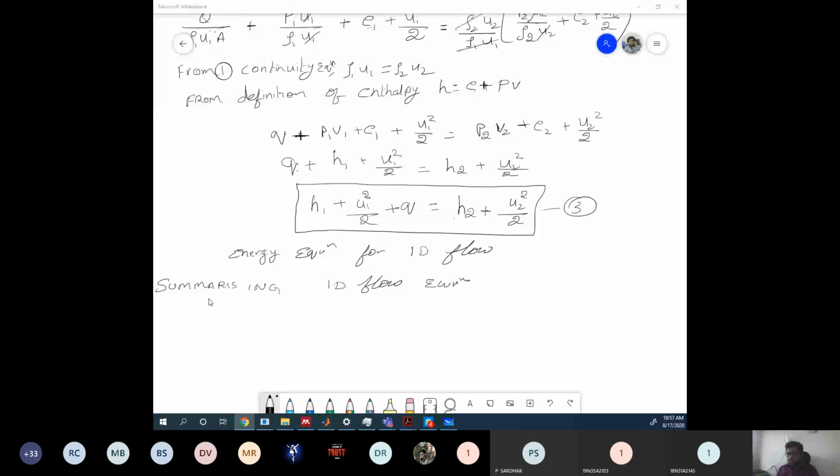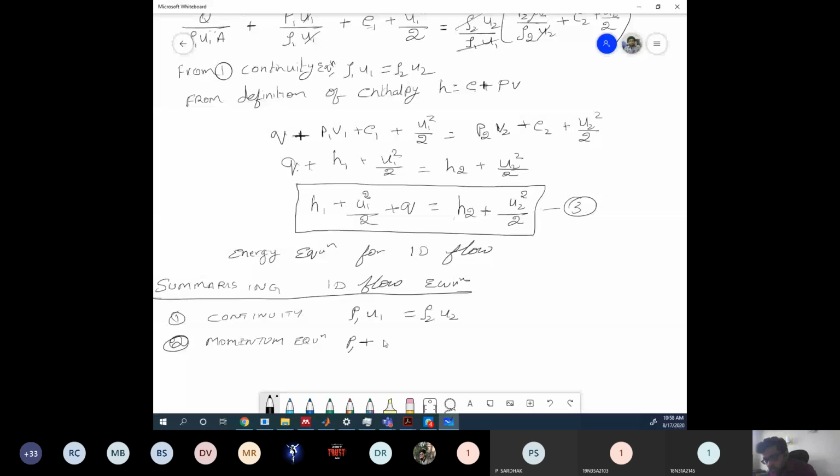The other one, the momentum equation: p1 plus rho1 u1 square is equal to p2 plus rho2 u2 square. And finally, the energy equation: h1 plus u1 square by 2 plus q is equal to h2 plus u2 square by 2.